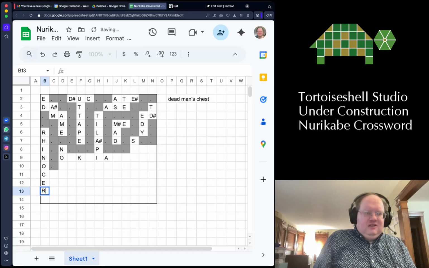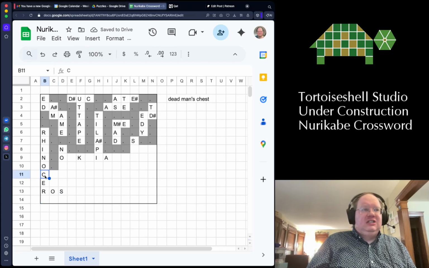I think something like this might be better because we can get this C for chest.